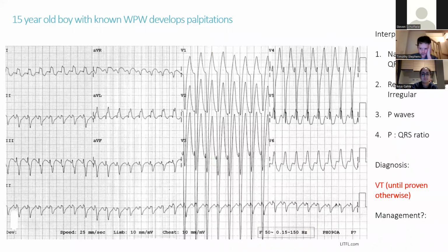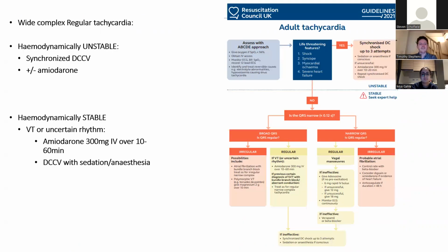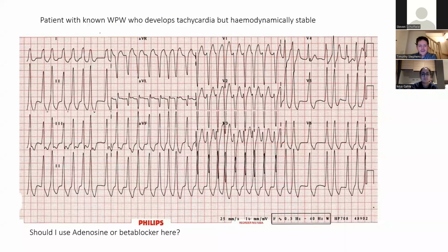I am very conscious of the time, guys. We are going to finish in a second. But this ECG here, looking at this ECG, we're going to interpret this quickly. For somebody with this ECG, would you use adenosine or a beta blocker here? Let's just see what people think first.